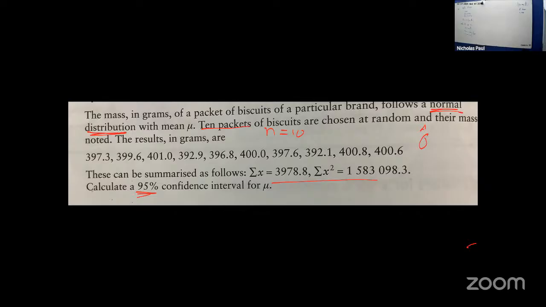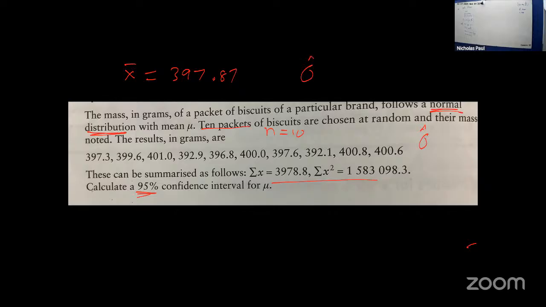Right, the most important thing here is not really calculating the T value. The most important thing is that we get the X bar values and the sigma. What did y'all get for X bar? I have 397.87. Right, now for the moment of truth.